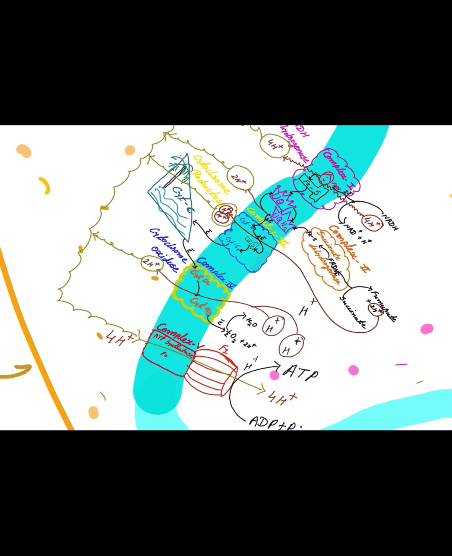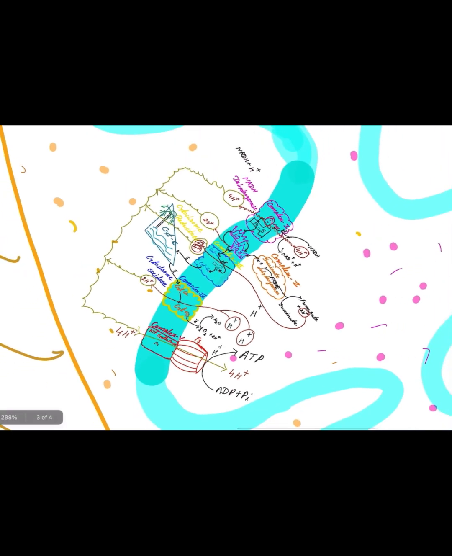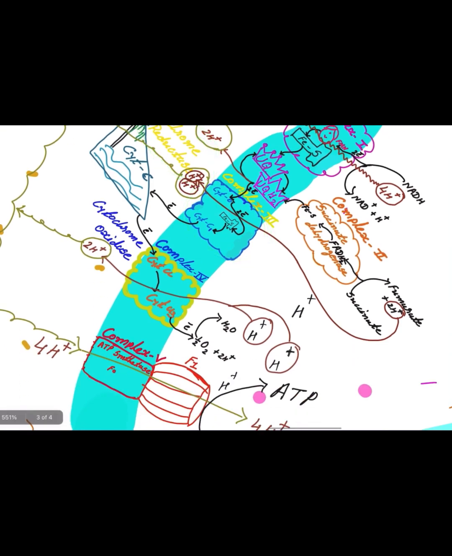This way, the electrons are transported through various complexes. Complex 1's name is NADH dehydrogenase because it removes hydrogen from NAD. Complex 3 is known as cytochrome reductase, it reduces the cytochrome.